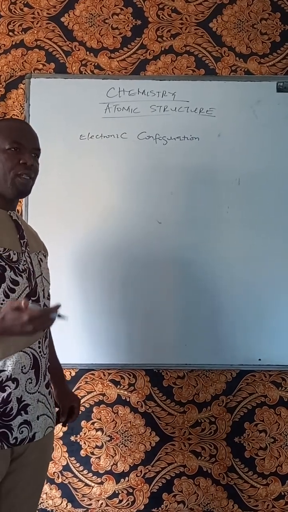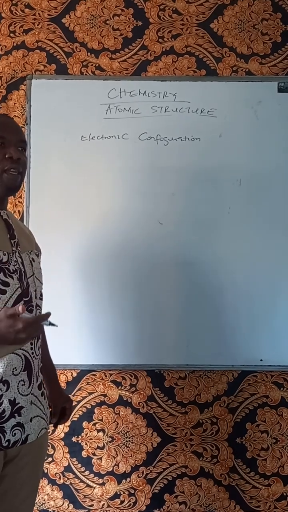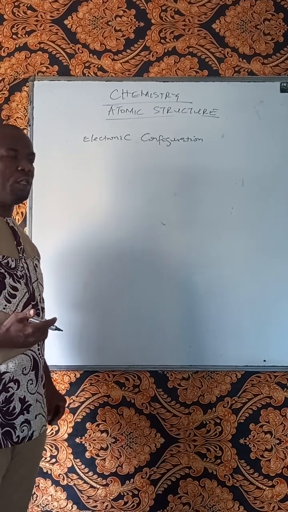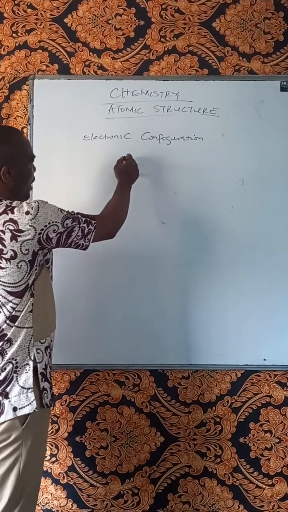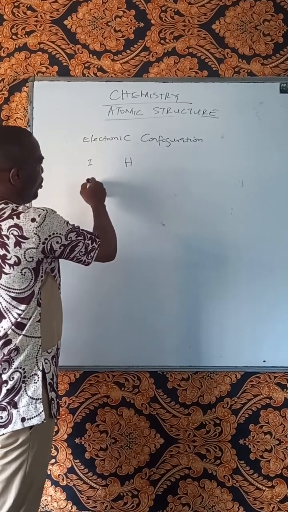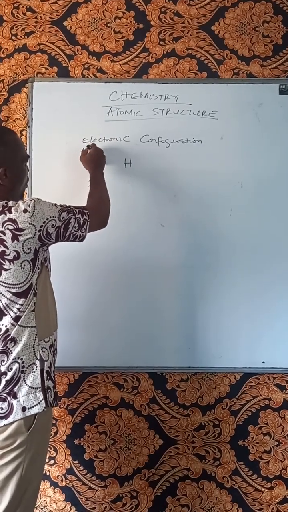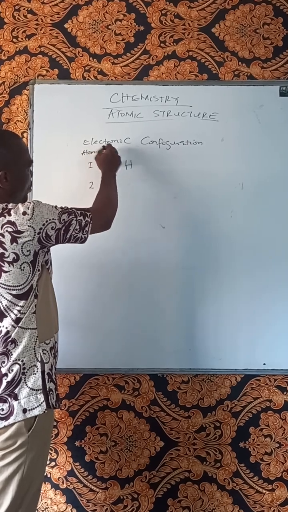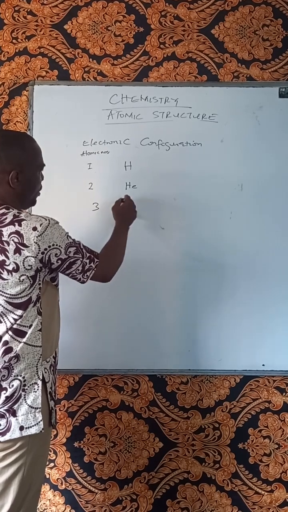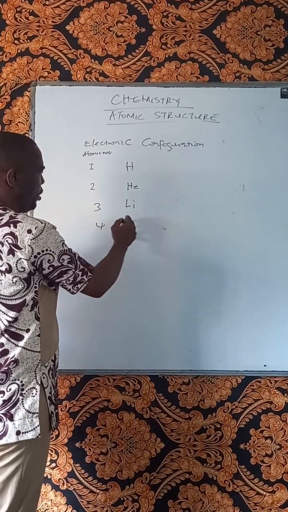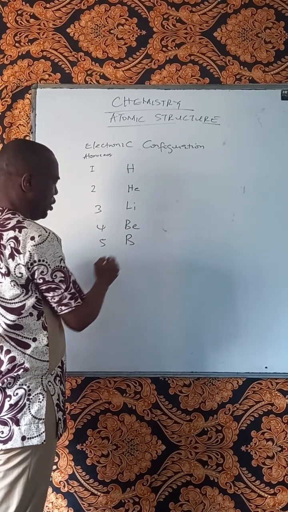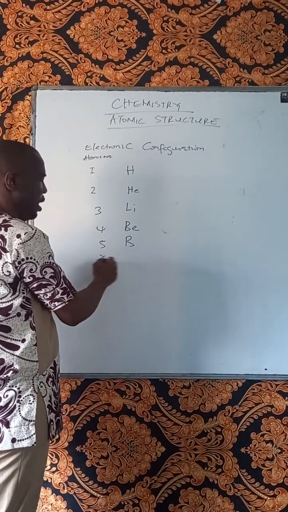This class is meant for beginners. For beginners, we should know the first 20 elements in chemistry. The first element is hydrogen, atomic number 1. These numbers are the atomic numbers, or the number of electrons in the atom. Number 2 is helium. Number 3 is lithium. Number 4 is beryllium. Number 5 is boron. Number 6 is carbon.